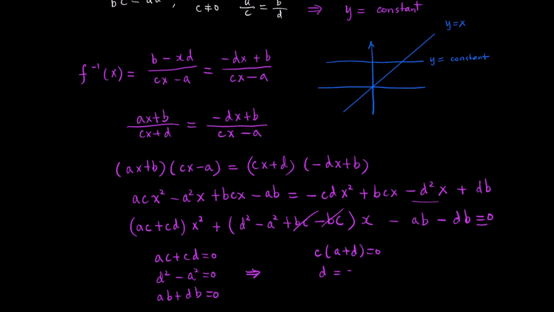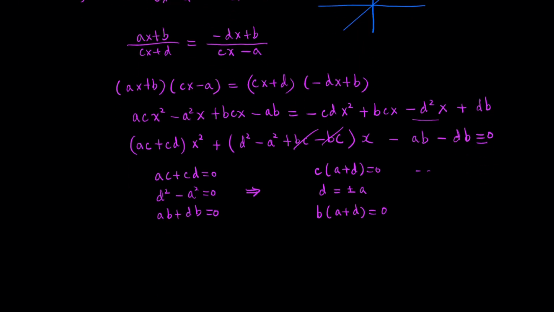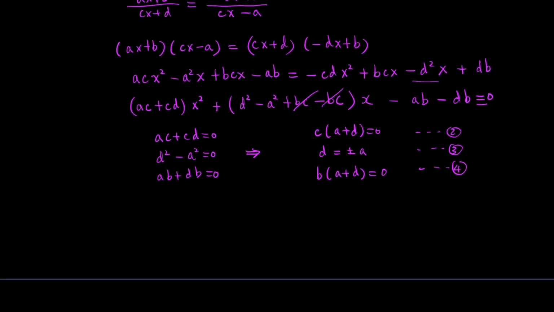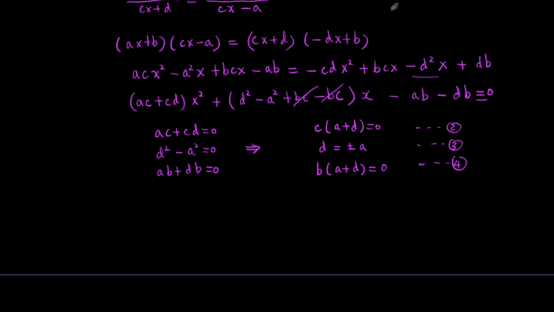D equal plus, either A or negative A. Here we have B times A plus D equal to 0, right? So let's call this condition number 2, condition number 3, condition number 4. What is condition number 1? That's earlier, okay? All right, let's figure it out by looking at different cases.